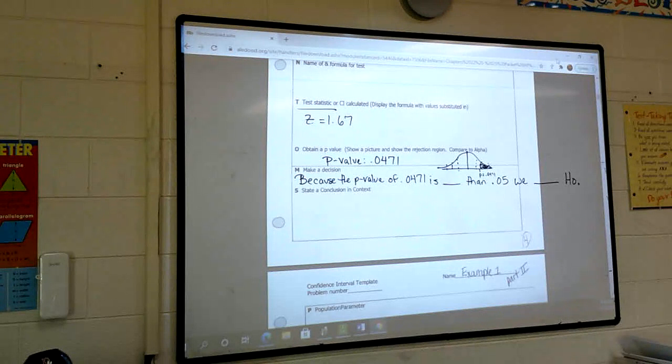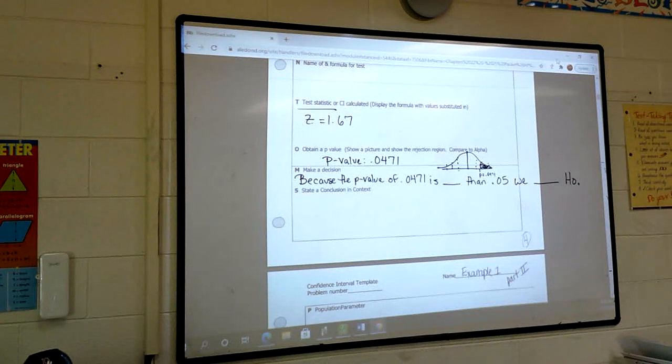So we either are rejecting this thing or we're failing to reject it. It's kind of like a courtroom. You still believe the person's guilty, but you don't have the evidence to fully prosecute them. So it's not that you are accepting that the null hypothesis is ever true. You're either rejecting it or you're failing to reject it.